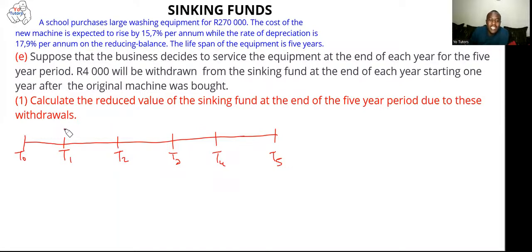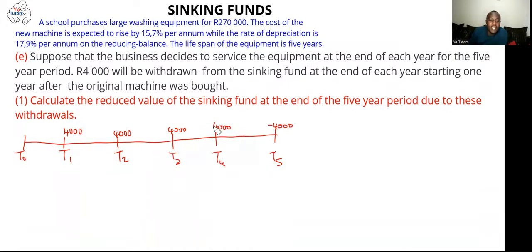So we are actually taking it and its interest, which we need now to calculate. If we start here at 4,000 after 1 year, taking out 4,000, and then again taking out 4,000 here, here again 4,000, 4,000, 4,000.